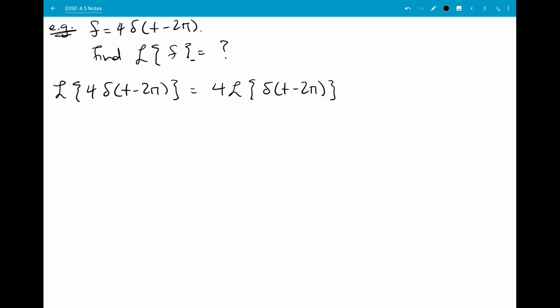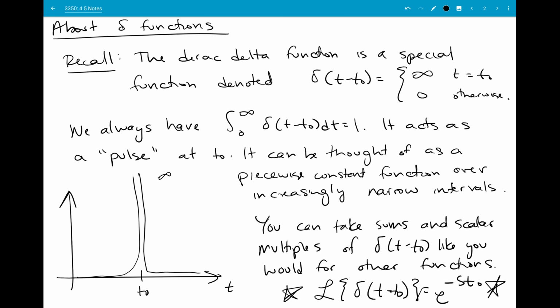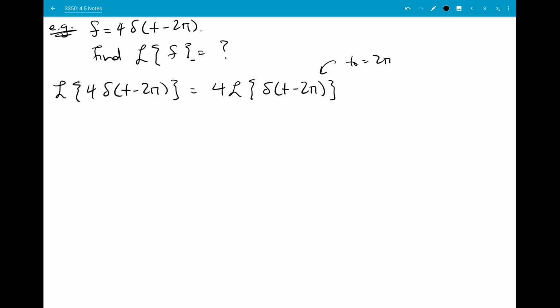And so here we have a delta function, where our t0 is 2 pi. And so we can go back to that property. It's e to the minus s t0. So it equals 4 e to the minus s t0, where t0 we just found out is 2 pi. So you just make that replacement. So 4 e to the minus 2 pi s would be the answer right there.